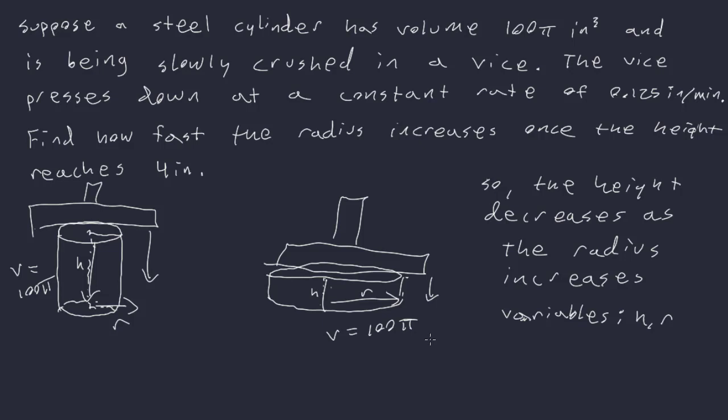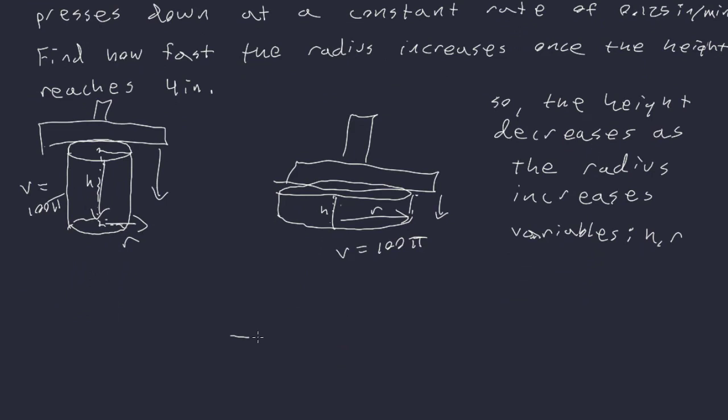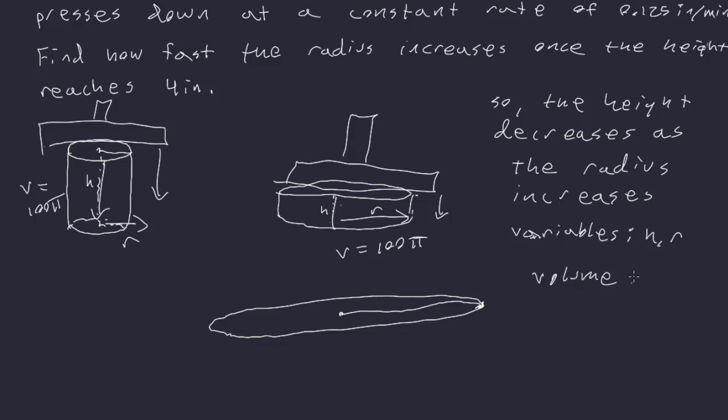The amount of steel in the cylinder is still the same, even if it gets flattened all the way down to something like a pancake. This would still have a very small height and a very large radius, but we would still have 100 pi cubic inches of material there. That vise isn't removing volume. So the volume is constant.